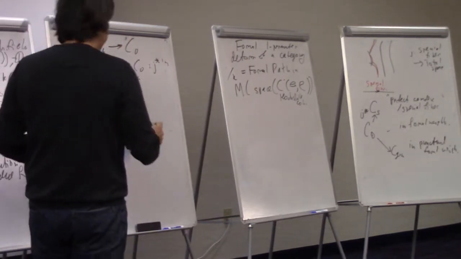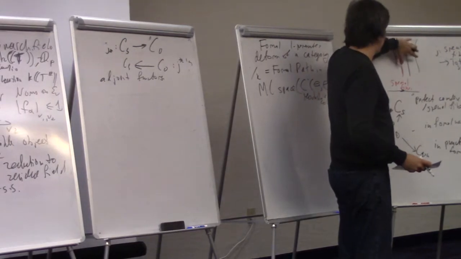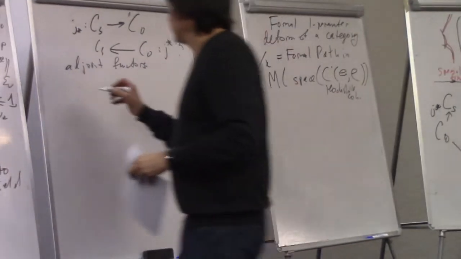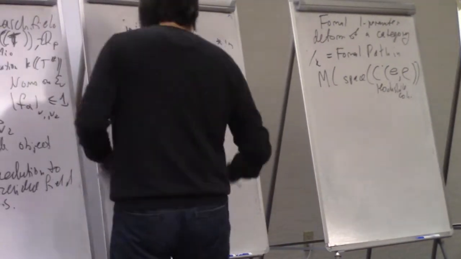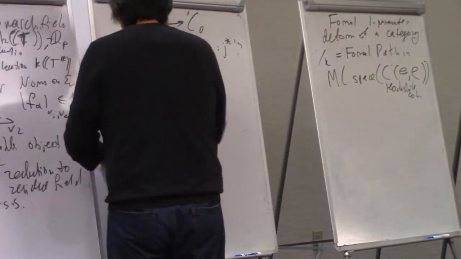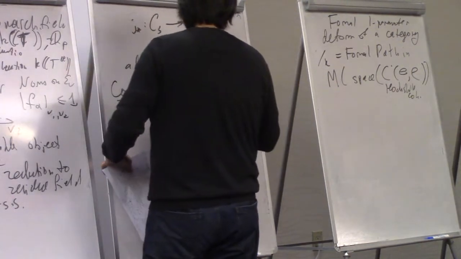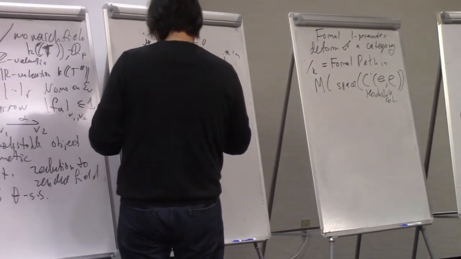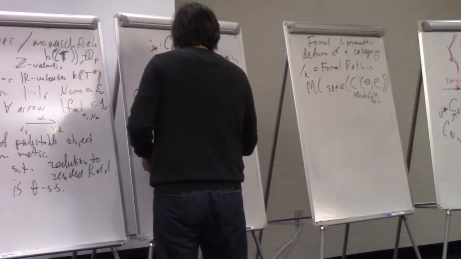In fact, even if you don't know whether this neighborhood is formal or not, you can still get adjoint functors, and in particular you get a comonad T in CS given by composition: first you take the derivation, then go back.